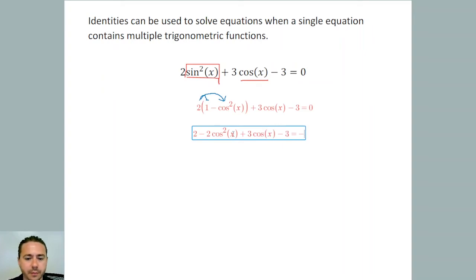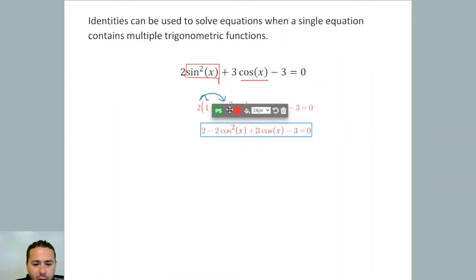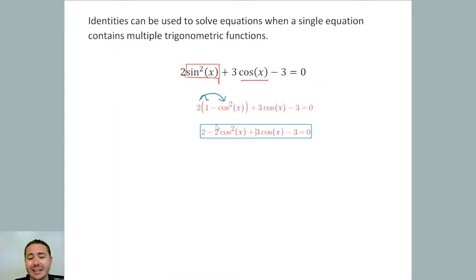minus 3 equals 0. And now I want to combine my like terms and just kind of clean up what I've got here. Now, when you factor, factoring is a lot easier if your squared term is positive. So what I'm going to effectively do is move everything to the other side and basically change all the signs. But before I do that, let's combine my like terms. So I've got 2 minus 3, right?